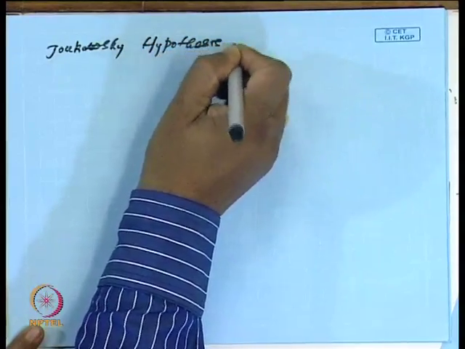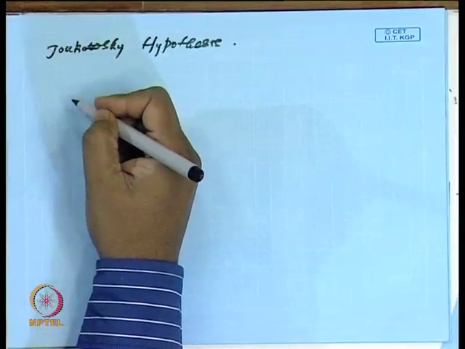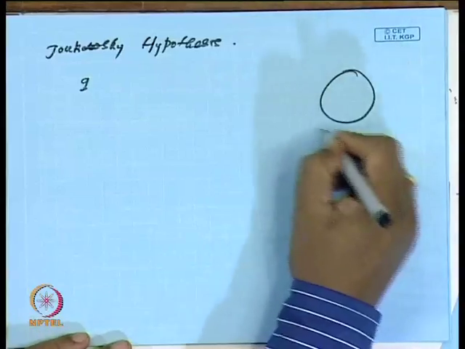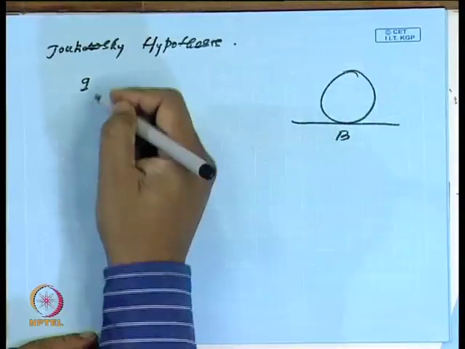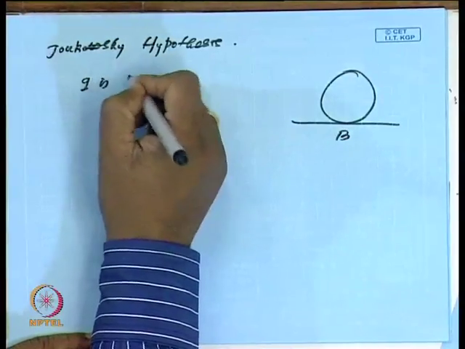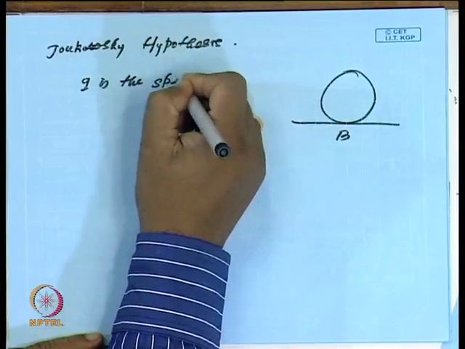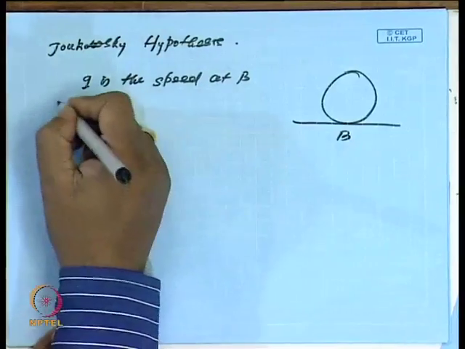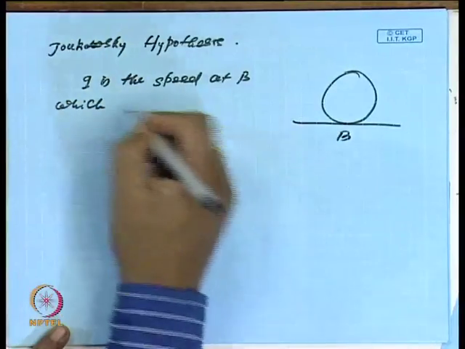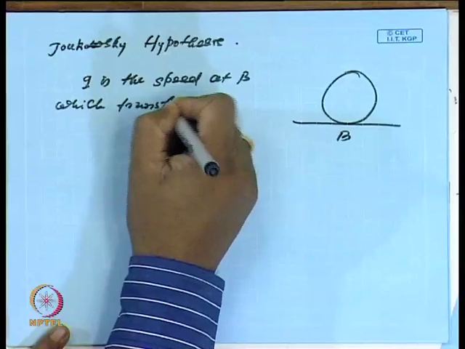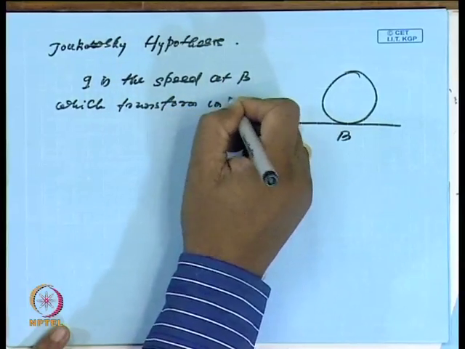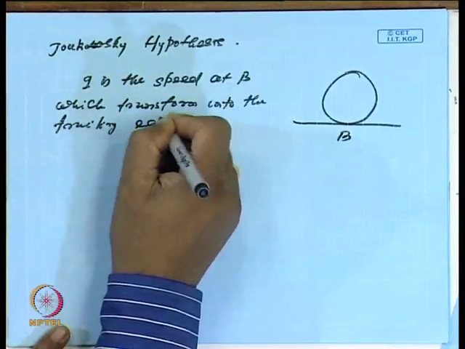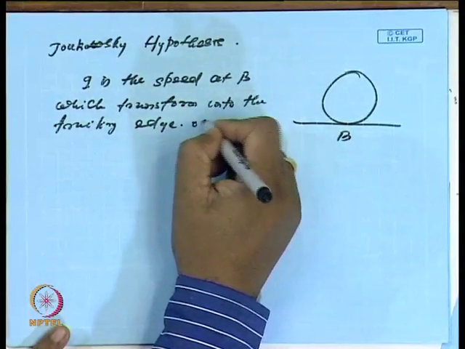To understand the Joukowsky hypothesis, I will do one thing. Let me say that q is the speed. Suppose let B be a point here. Let q be the speed at B, which transforms into the trailing edge of the aerofoil.